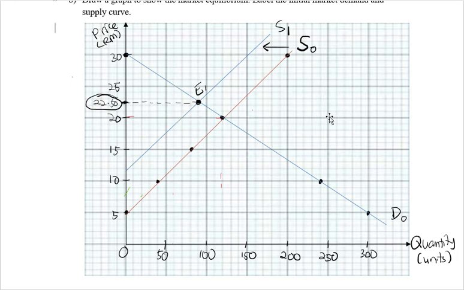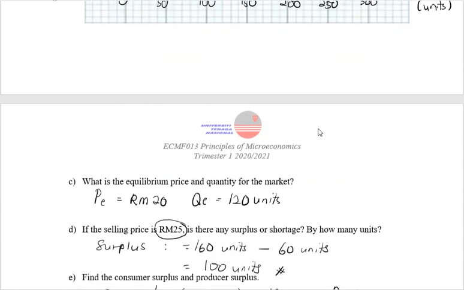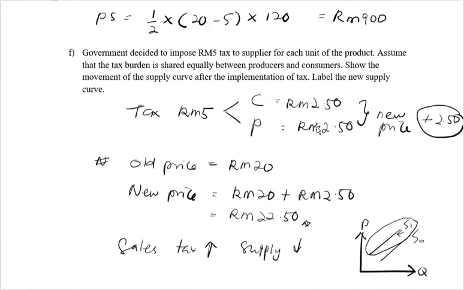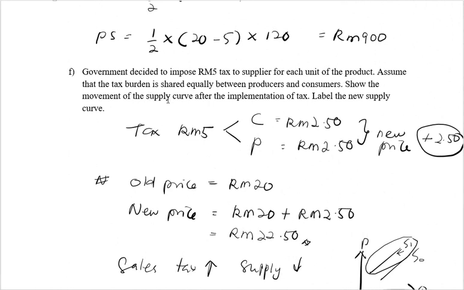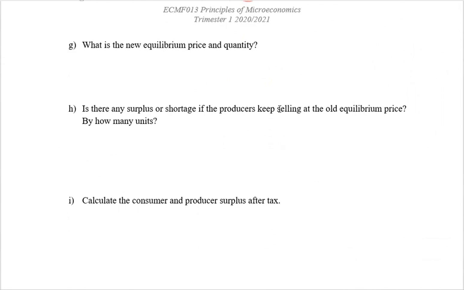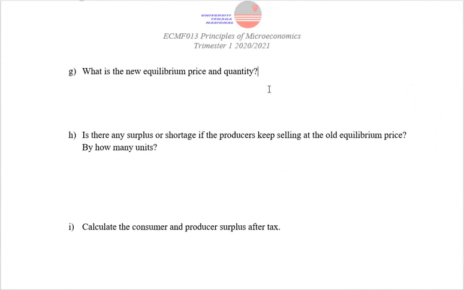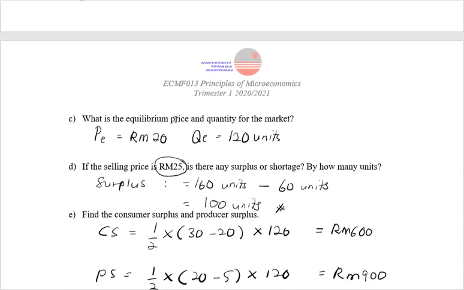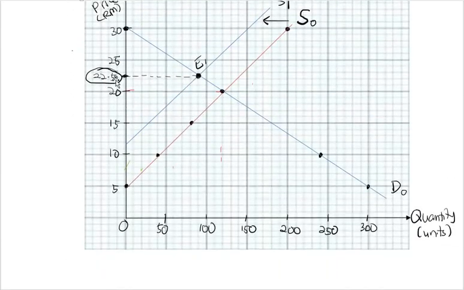Alright, so now let's look at the question back. Okay, the question requires you to show the movement of the supply curve. So you have already shown that the supply curve has shifted to the left after the implementation of tax. Okay, so now what is the new equilibrium price and quantity? The new equilibrium price and quantity you can actually obtain from the graph. So you already have the equilibrium price, 22 ringgit and 50 cent.